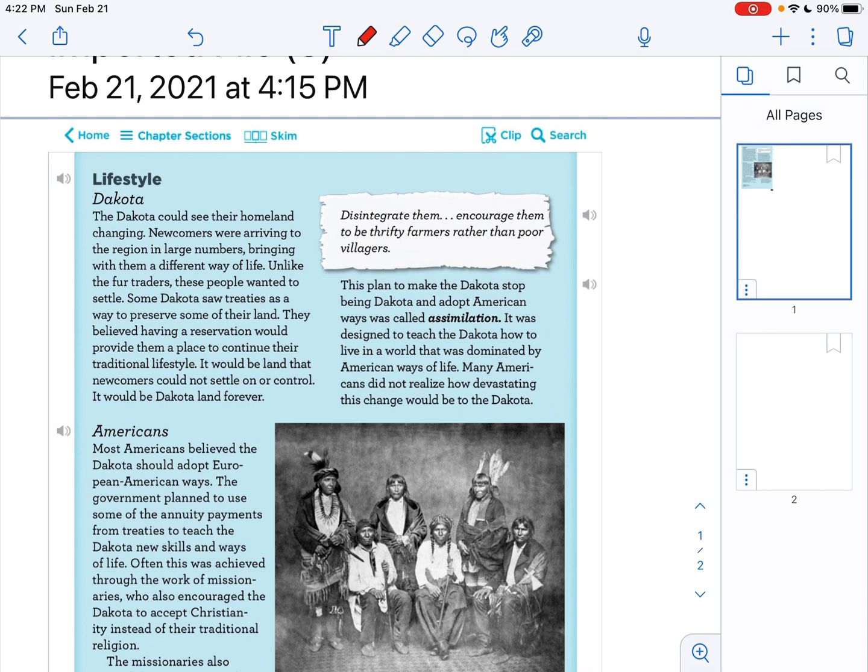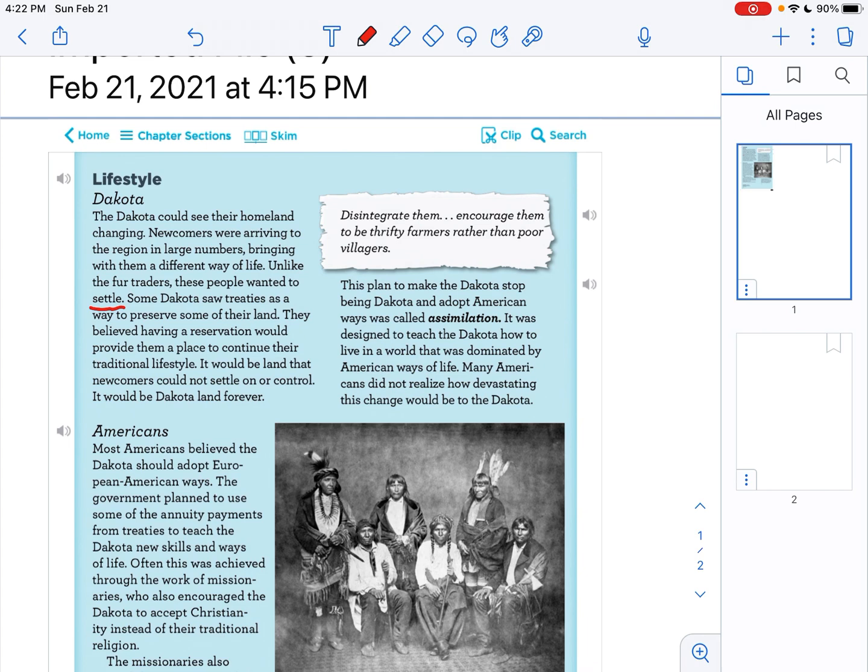And because they were coming, they were bringing with them a different way of life. Unlike the fur traders, these settlers wanted to settle. They wanted to stay forever. The fur traders weren't interested in staying. They just wanted to collect a few beaver and then get out of Dodge.